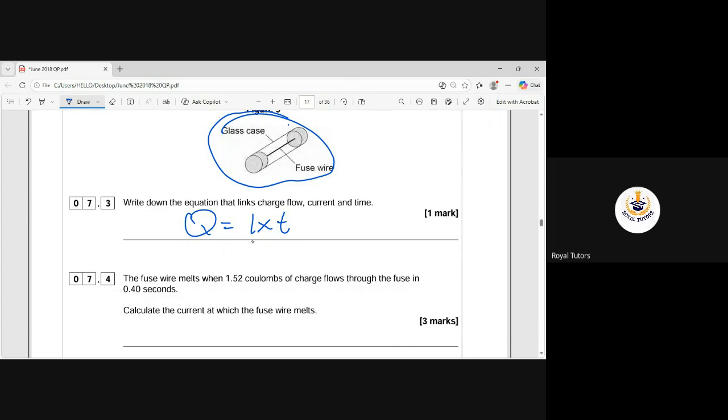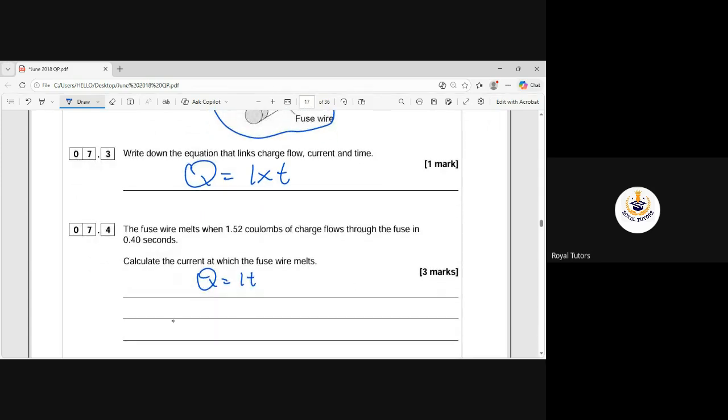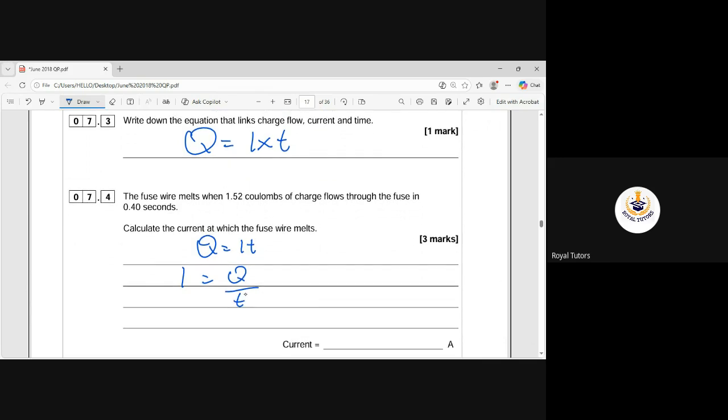They've given you the charge flow, measured in coulombs, and the time. So you can write Q equals I T, and since you are looking for the current, I equals Q over T. Our Q is 1.52, and our T is already in seconds, which is 0.40. So 1.52 over 0.40 gives you 3.8 amps. It's as simple as that.